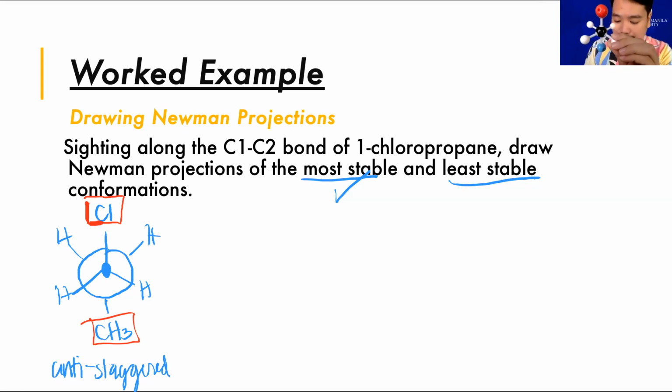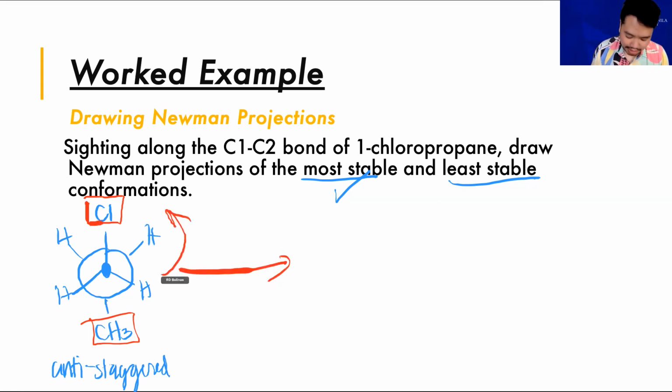Say I want to keep the back the same, so I'll keep my CH3 pointing downwards. I can then independently rotate the front and find the most stable or the least stable form. Or conversely, I can keep the front carbon exactly still and rotate the back carbon. Is that clear? So with that, let's rotate our bonds.